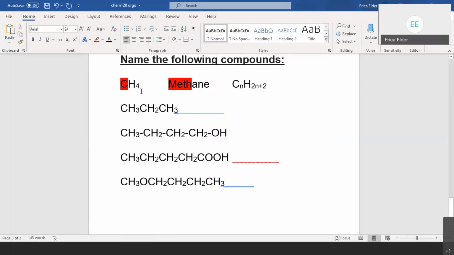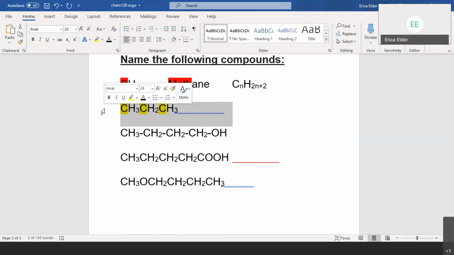So let's take a look at the next one. Let's name this one. First, we need to locate our carbon chain right here because we have a very linear representation of the formula. We have 1, 2, 3 carbons. We need to choose the appropriate prefix that is associated with 3 carbons.